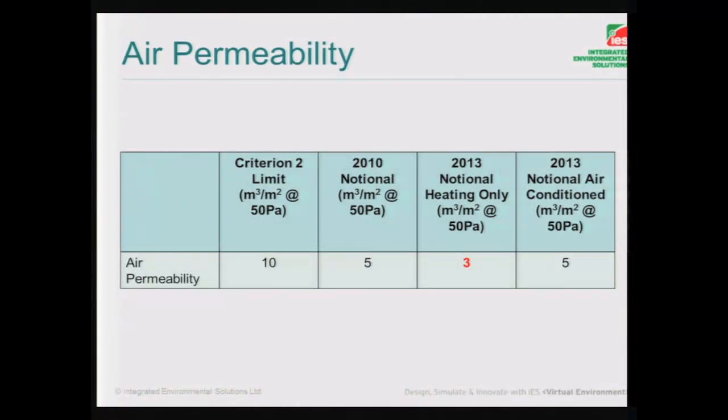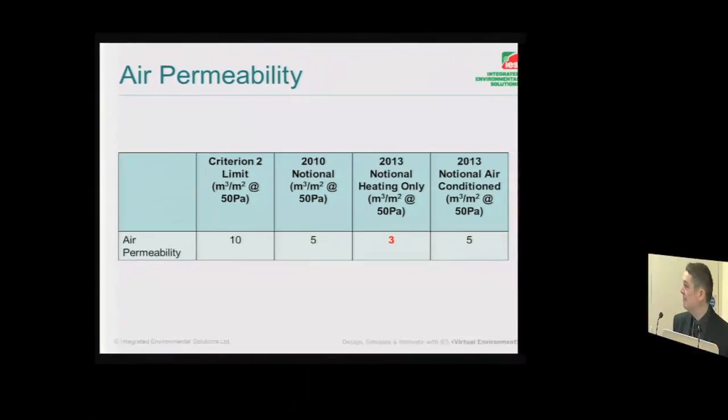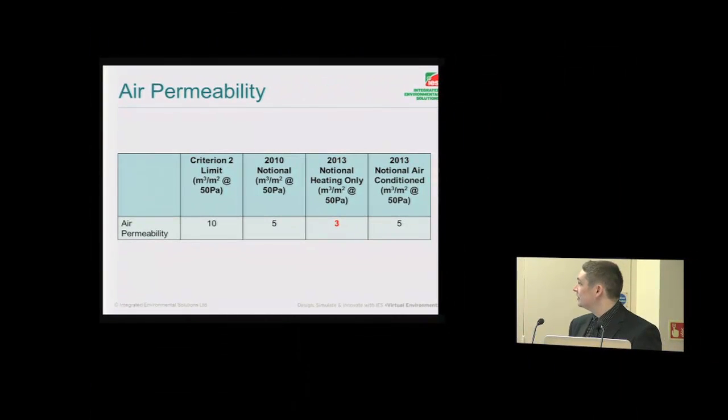So compounding that, when we look at air permeability for the 2013 specs, we've got a notional air permeability of just 3 cubic metres per metre squared at 50 Pascal, versus 5 in the air-conditioned as it currently stands. Again, in practical terms, I think hitting 3 is going to be extremely challenging in the majority of cases. And it will only really be through an actual air pressure test that it can be determined whether or not that's been hit.